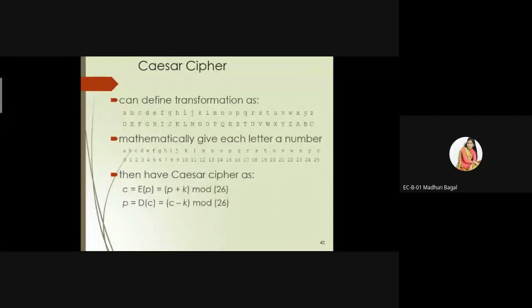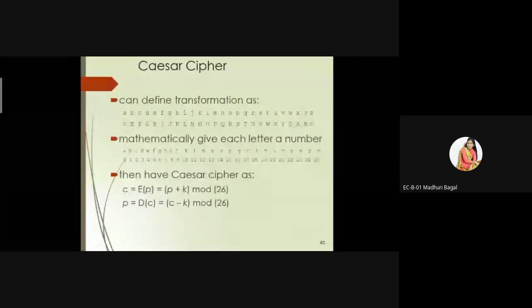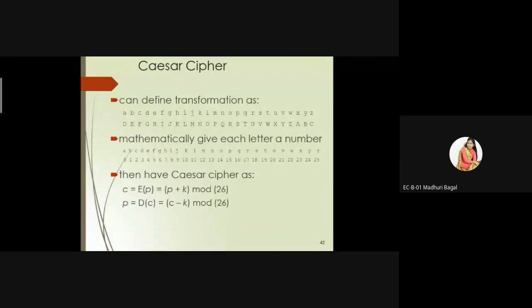Suppose we have to encrypt the letter A. We skip A and count the third letter, that is B, C, and D. So instead of A, we replace it with D. In a Caesar cipher, we use the third letter for encryption, and if we have to decrypt the message, we subtract the third letter from its position.